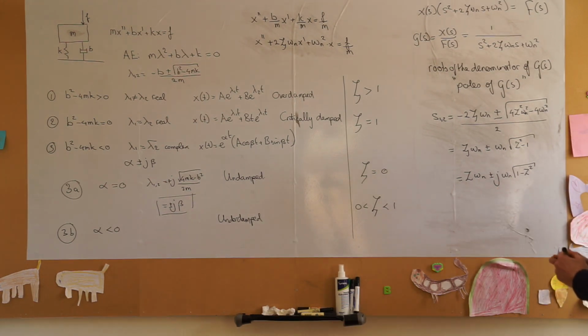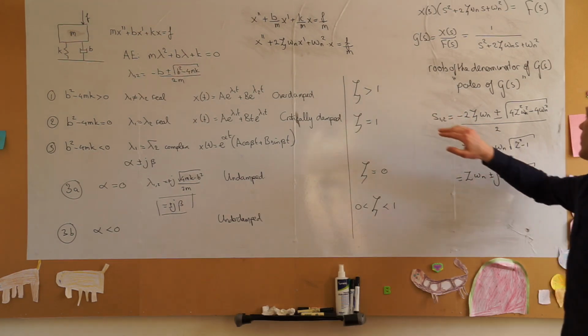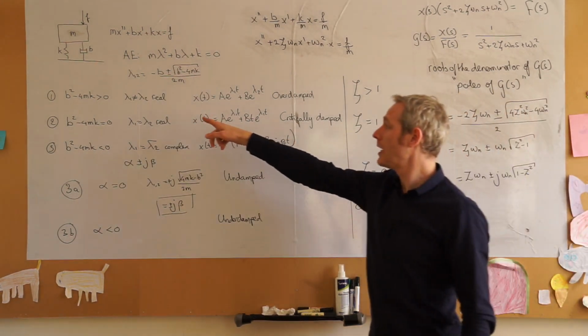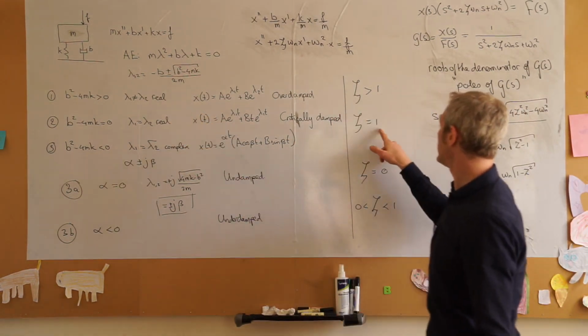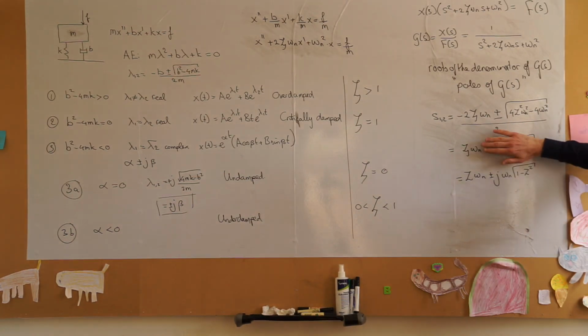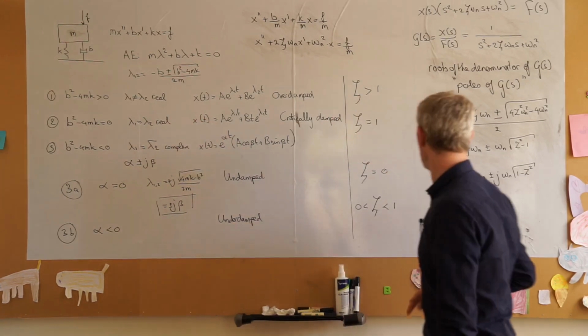And again, if zeta is larger than 1, then this will be positive, and we have two distinct real roots. So we have this case again. If zeta is equal to 1, this root becomes equal to 0, and we only have one root. Again, the same root here.